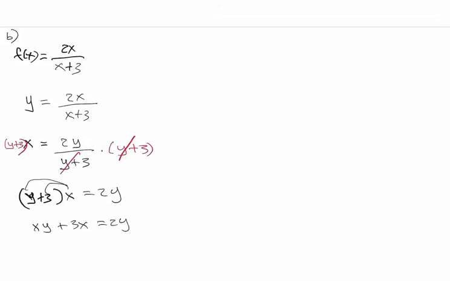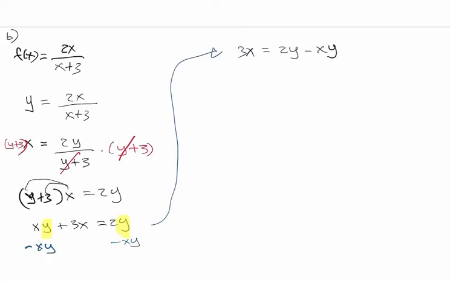Since our goal is to isolate y, that's what it means to solve for y, we're going to put all the y's on one side of the equal sign and all the terms without y on the other side. One way we can do that is to subtract xy from both sides. Then I'm left with 3x equals 2y minus xy.